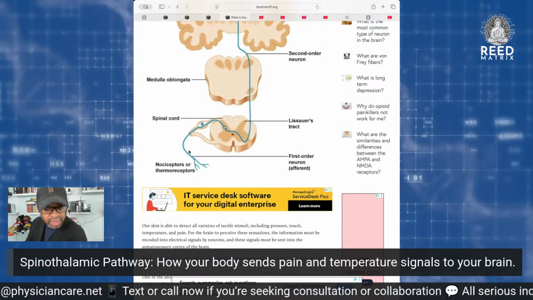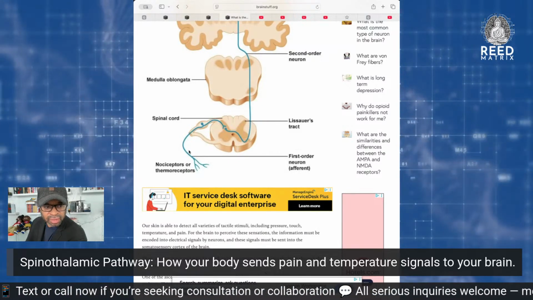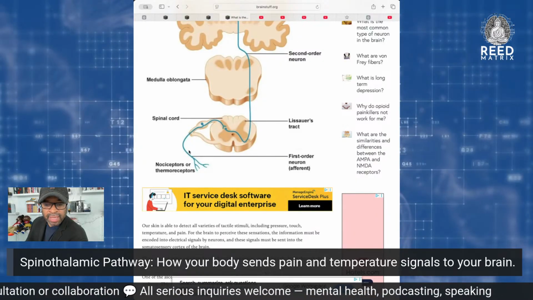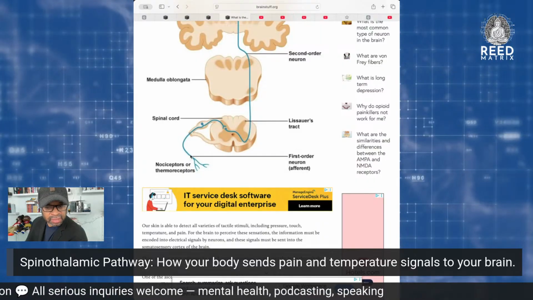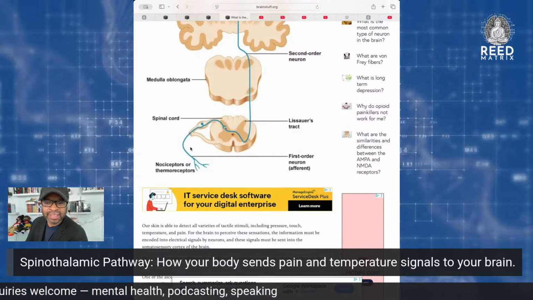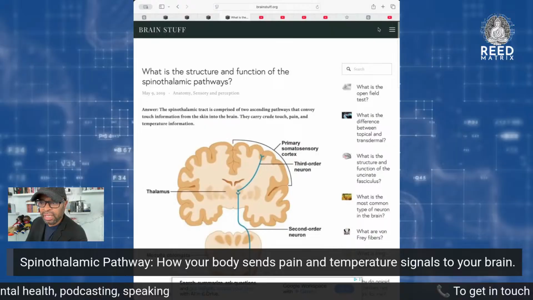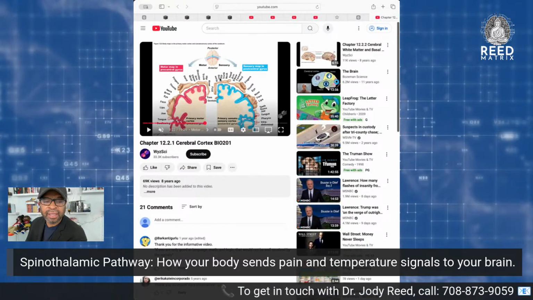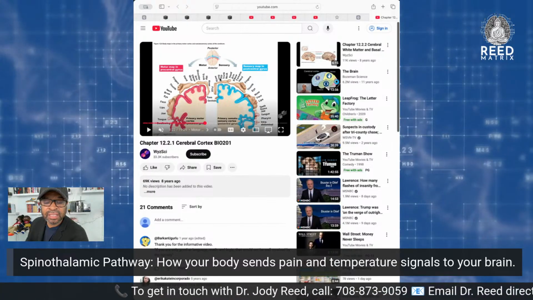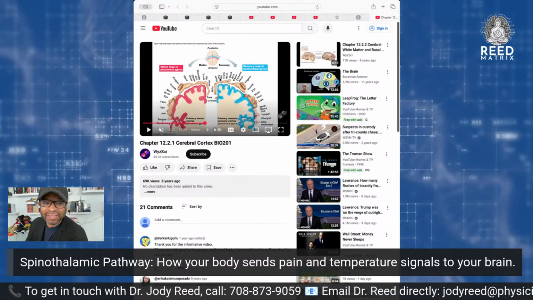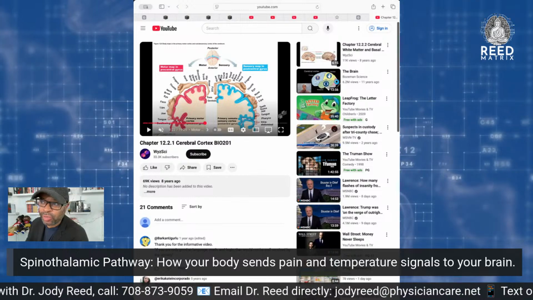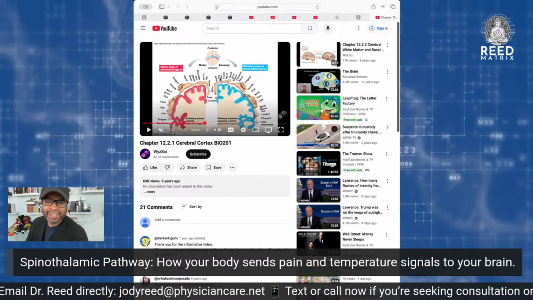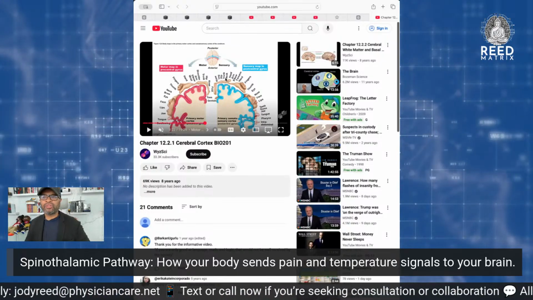Because at the end of the nerve fiber is likely scar tissue, likely other damage to the tissue because it was an amputation. And that injury still activates the nerve roots and sends fibers. So even though the patient may not have a leg here, because the afferent spinothalamic pathway is still activated by some reason, scar tissue, whatever, the person still feels phantom pain, right? That's that spinothalamic tract here.